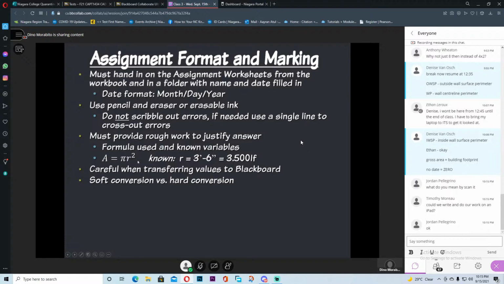When you're transferring numbers to Blackboard, let me go back one step. This is really good training for you guys, because in industry nowadays, many bids are done online. It's not just because of COVID, it's been happening for a number of years before.